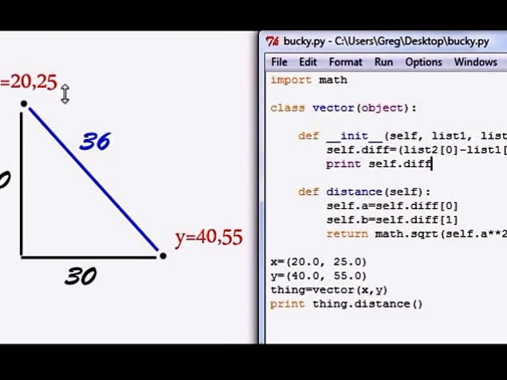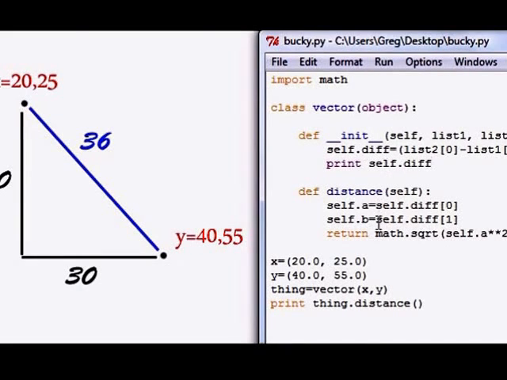So we subtracted x from y, and we got 20, 30. This is because 40 minus 20 equals 20, that's a change in x, and 55 minus 25 is 30, that's a change in y. So the vector from x to y equals 20, 30. That's all this initialization function does, is give us our vector.